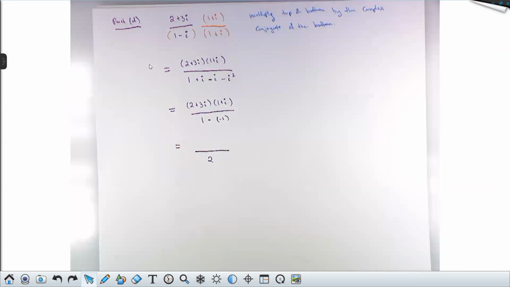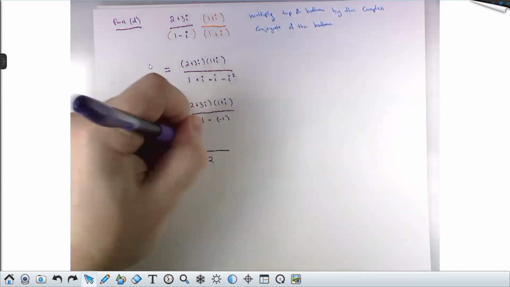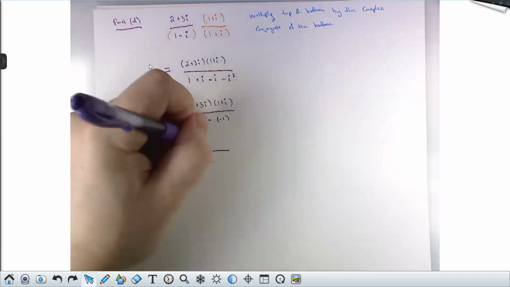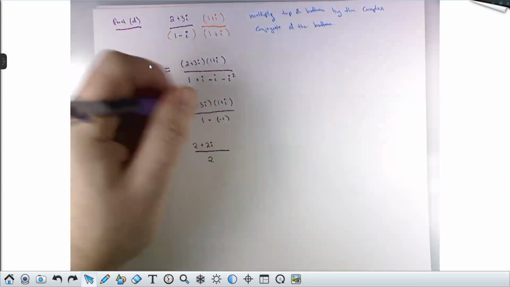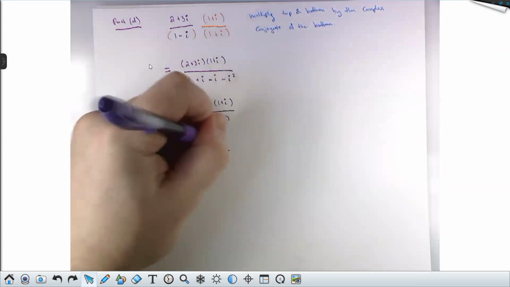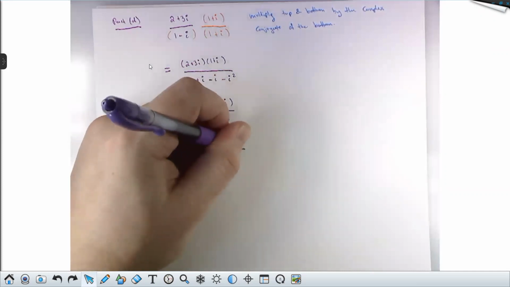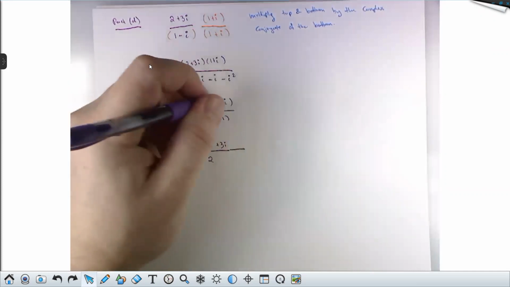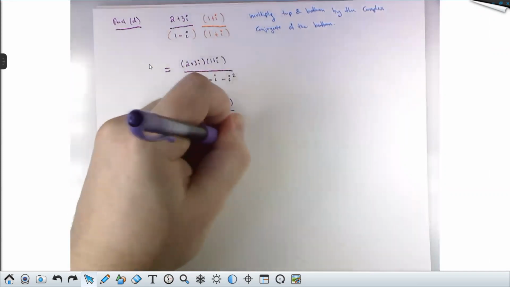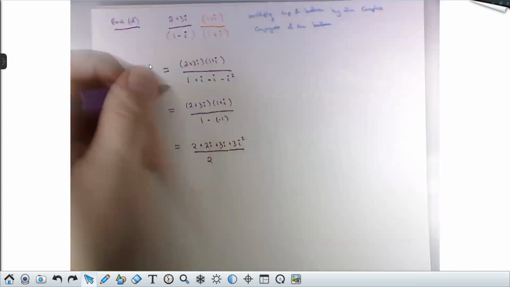And then upstairs, now I'm going to go ahead and do my normal foiling business. So 2 times 1 is 2. 2 times i is 2i. 3i times 1 is 3i. And then my last terms there are 3i times i, so that's plus 3i squared.